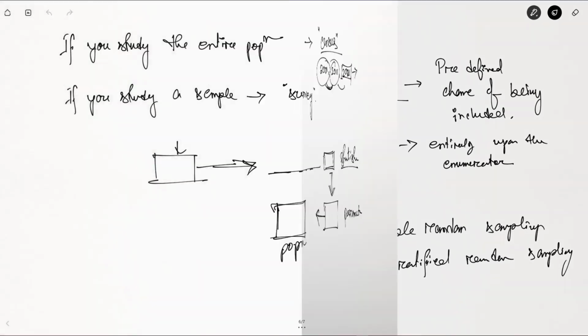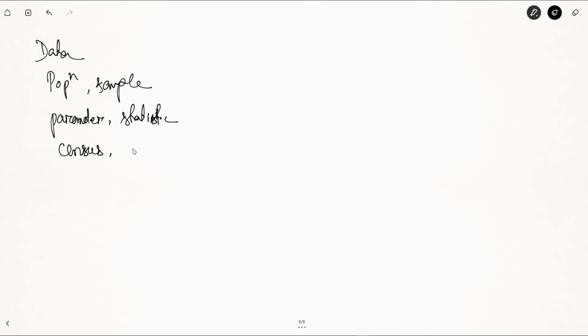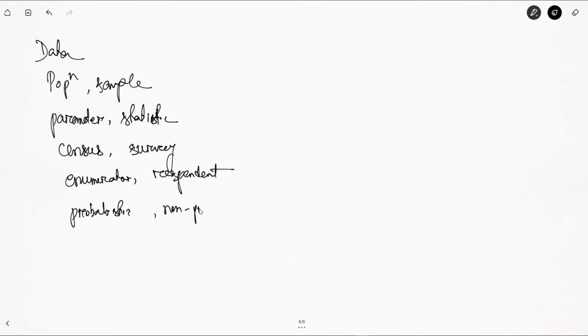What we have come across so far are data, types of data and how they are collected, population and sample, parameter and statistic, census and survey, enumerator and respondent, and the probabilistic and non-probabilistic method.